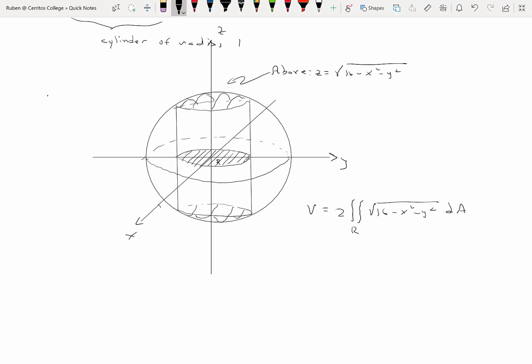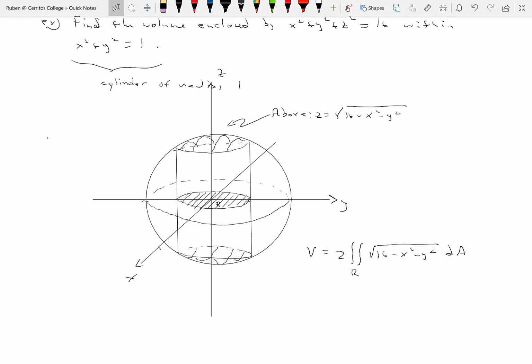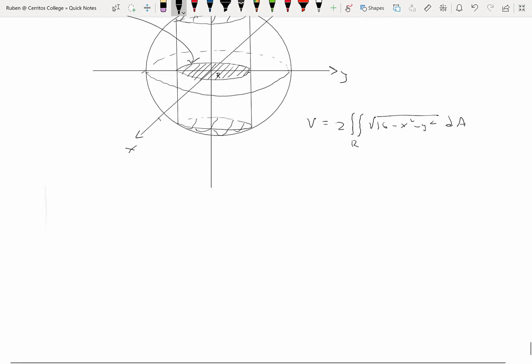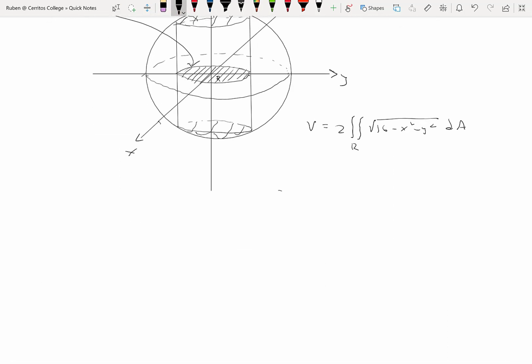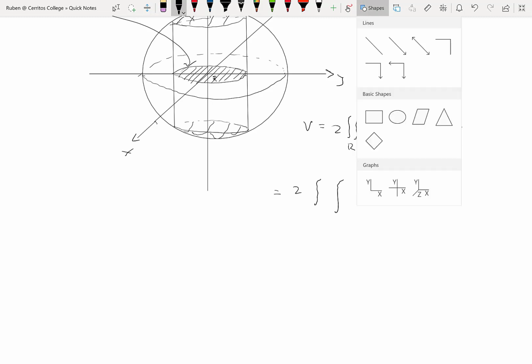And I'm going to go right to polar. In order to go to polar, all I need is the projection of our region into the XY plane, and that's just that little circle of radius 1. That R is the circle of radius 1 in the XY plane. So replace this double integral with an iterated integral.